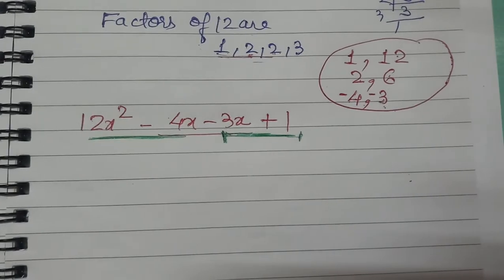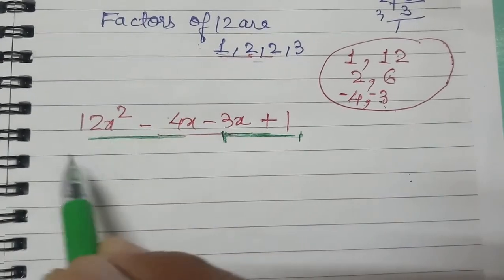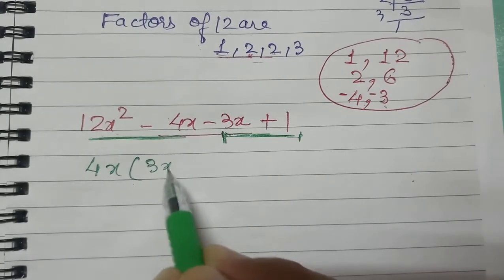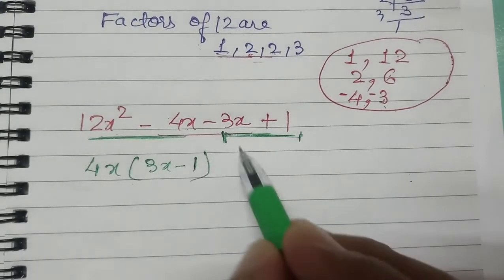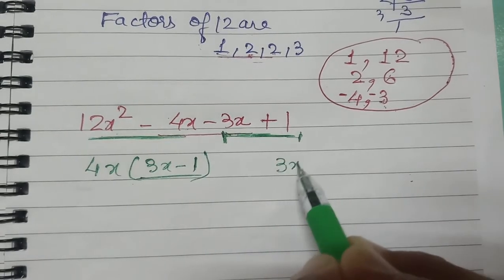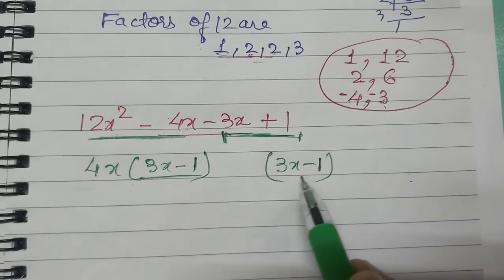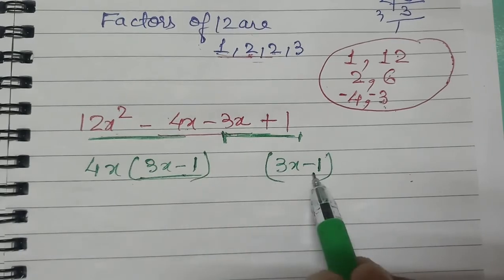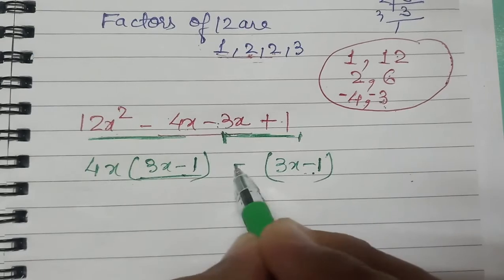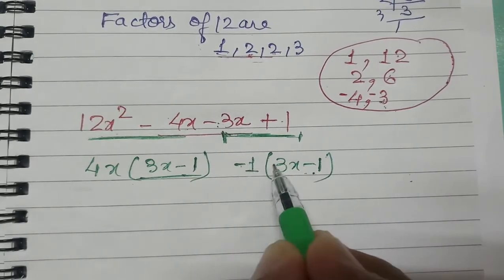Okay. Now what do we have to do, children? Take common. What is common here? 4x. 4x common. 4x 3s are 12x square, and 4x 1s are 4x. Now whatever expression comes here, just write the expression here also, children. Now after writing the same expression, just see what is common. So minus is there, so take minus 1 outside.